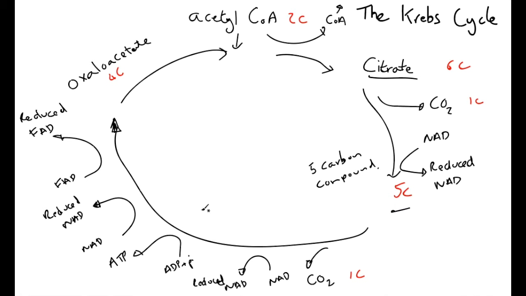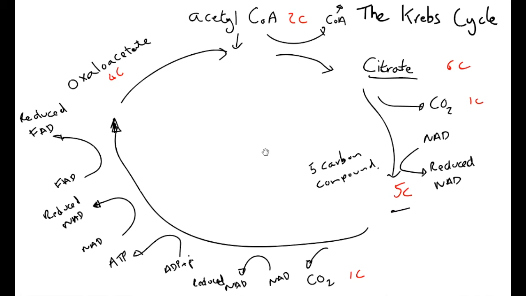But with the majority of the specifications within the UK, it talks about the reduced NAD appearing twice. So that's why I've written it in that way. Remember that we had 2 of these products. So this whole cycle goes around twice per 1 glucose molecule. So all this is going to happen again with the other lot of acetyl coenzyme A.